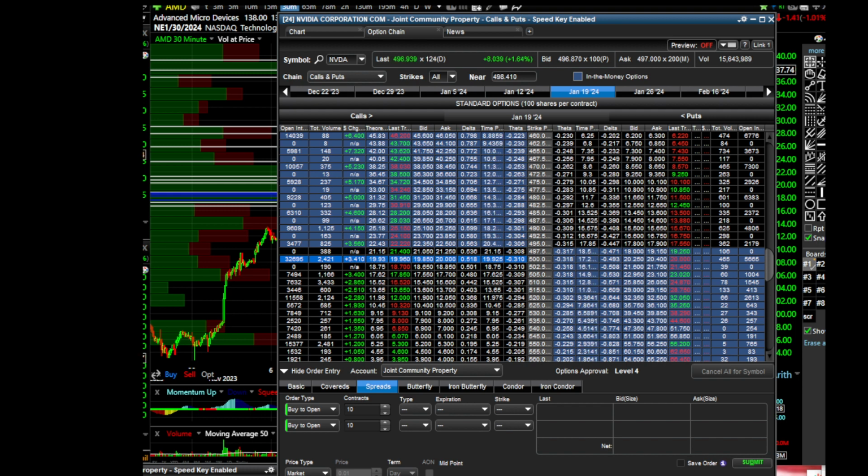So it's flipped. 520 on the call side, but on the put side, it's 480. So the way you calculate your break even is the strike price minus what you paid for the contract.